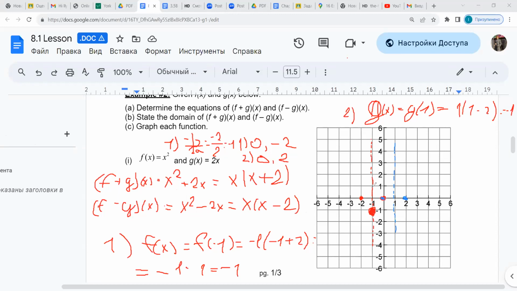And for g of x, my vertex is going to be at 1, -1. Does everybody agree with that? Now, even using those 3 points, I can already sketch these two parabolas. If you want to be more precise, you could take a few more points to the left and right of the vertex, but I'm going to do it like this. All right?